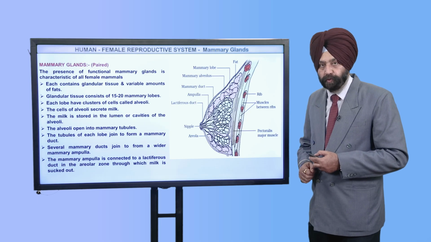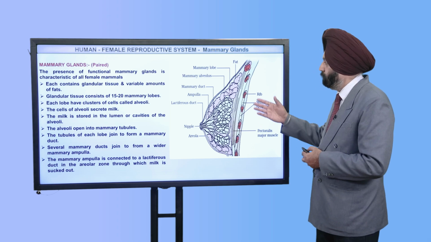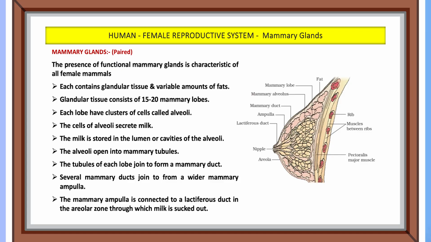We move on to the next part, the mammary glands. The mammary glands are paired glands. The presence of functional mammary glands is a characteristic feature of all female mammals. Each gland consists of glandular tissue and fatty tissue.